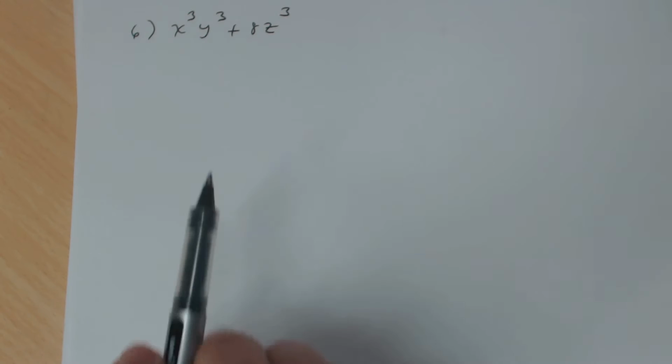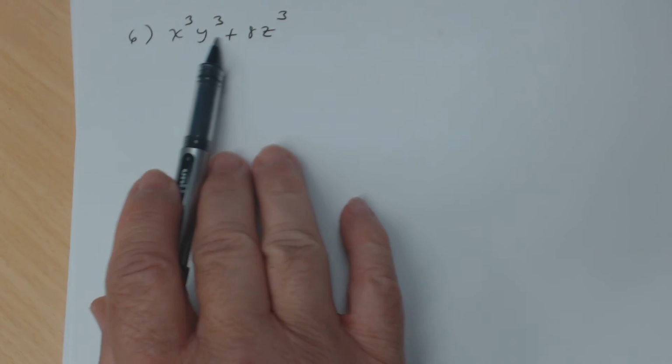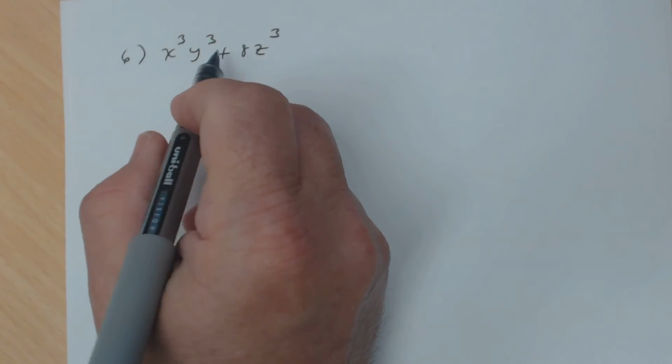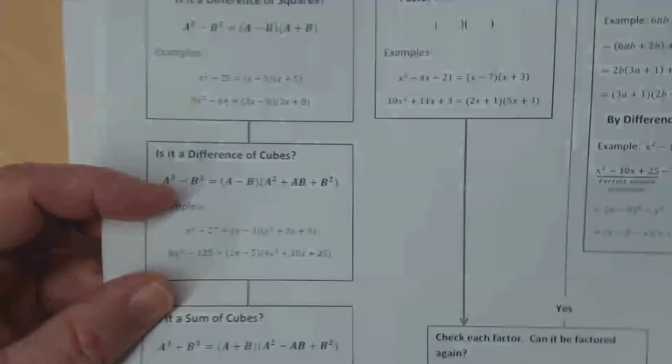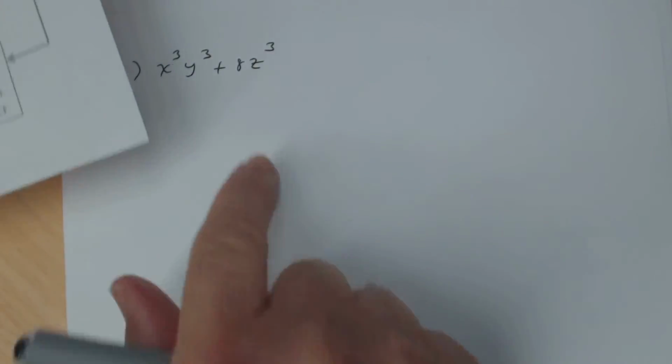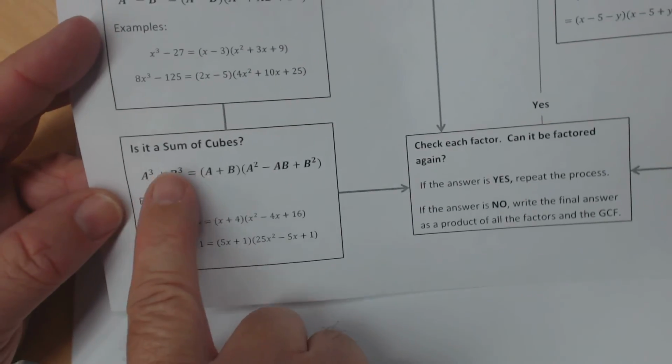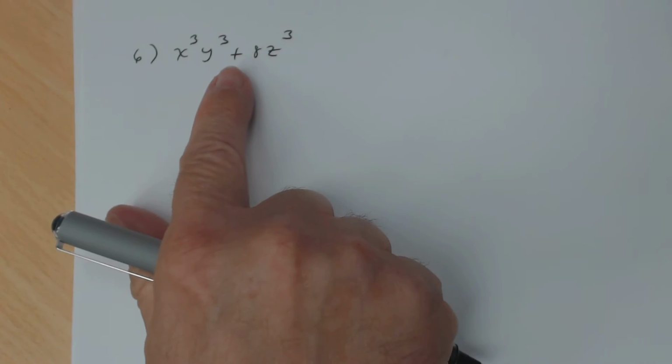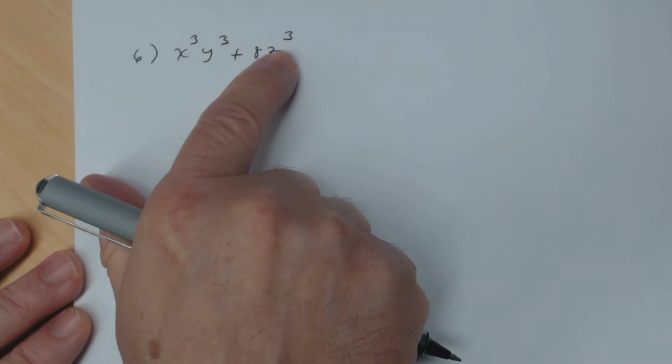So the GCF here is 1. I have two terms. And notice it's not a difference because this is a sum. So I want to check and see, is this the sum of 2 cubes? And it is. You see the cubes here?